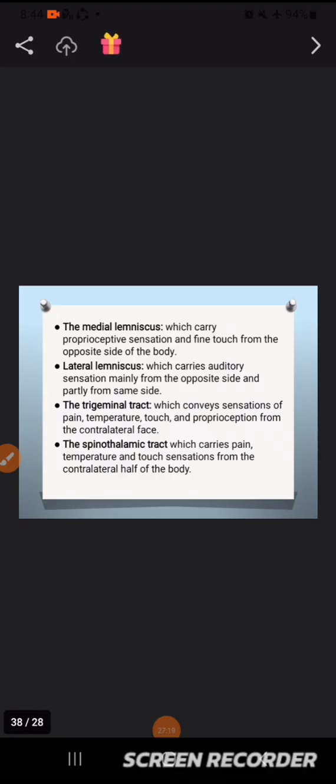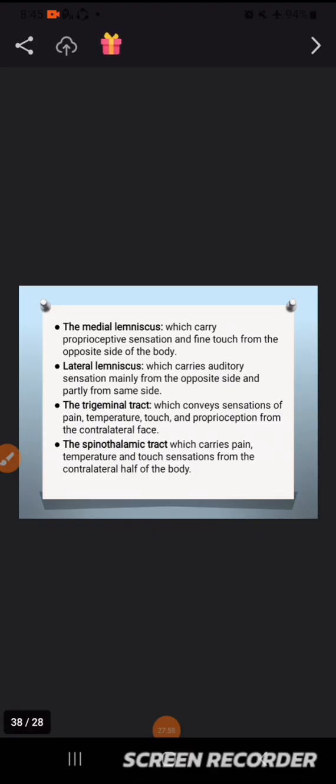The tract, when it ascends in the pons, forms the lemniscus. The medial lemniscus is a part of the posterior column tract, so it carries proprioceptive sensation and fine touch from the opposite side of the body. The lateral lemniscus is a part of the auditory pathway.